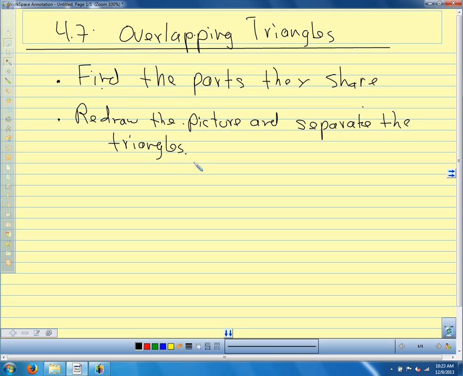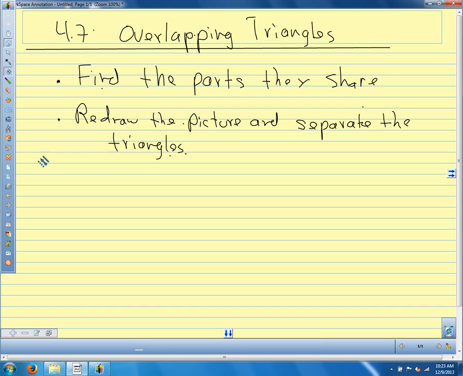And for today, we're just going to be working with triangles. So let's look at an example. The big picture is we're looking at overlapping triangles. We want to find the parts they share. We want to find the common parts. And it can be helpful when we're trying to solve the problem to redraw the picture.